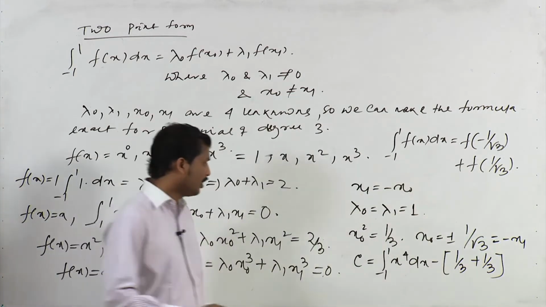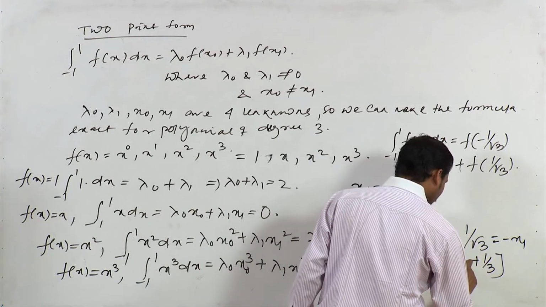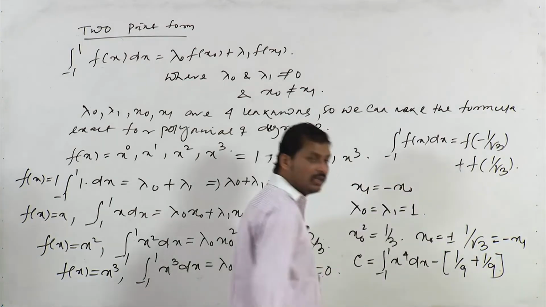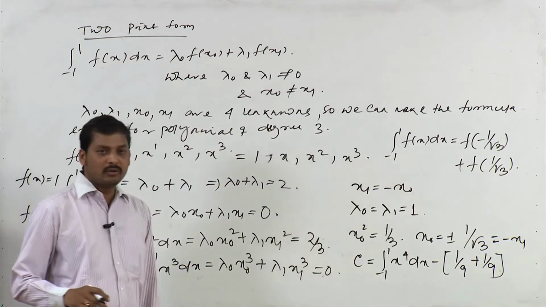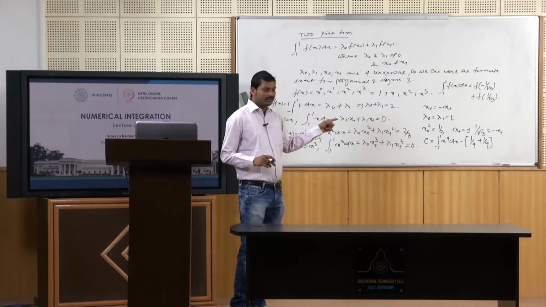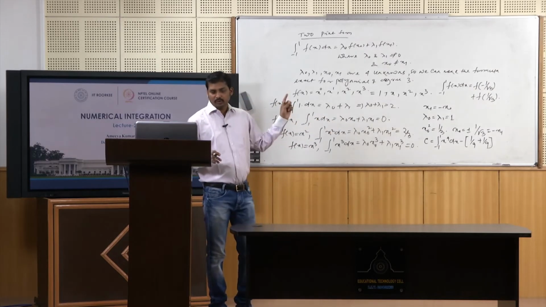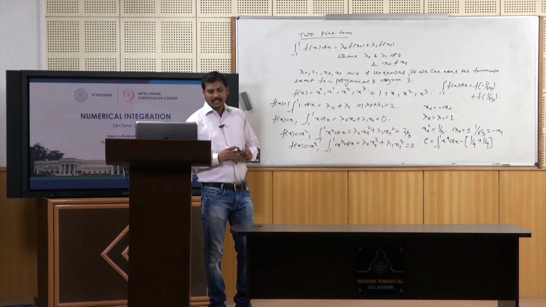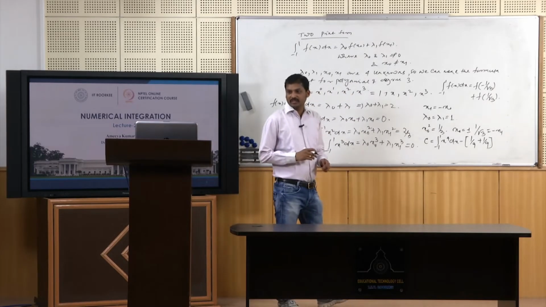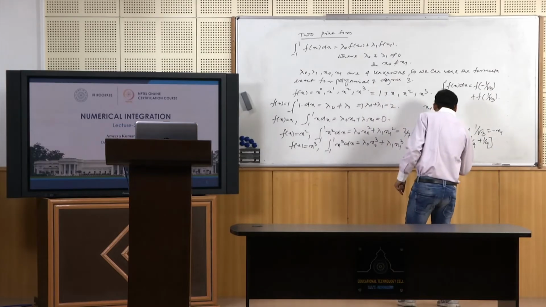Sorry, this is a whole to the power 4, so this will be 9 here. Since 1 by root 3 whole to the power 4, since x to the power 4 we have considered there, so minus of 1 by root 3 whole to the power 4 also, both will give you 1 by 9 plus 1 by 9 here, and the final value, if you go for this calculation, will give you 8 by 45.